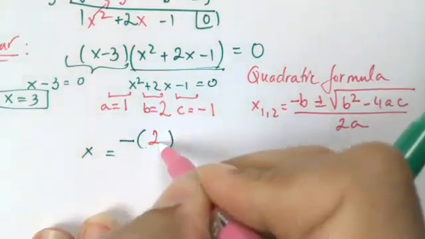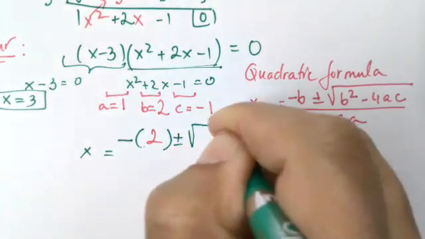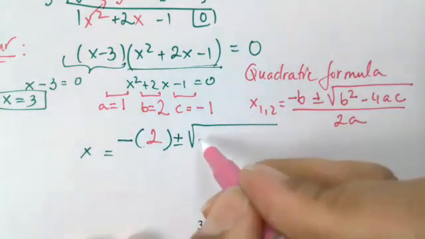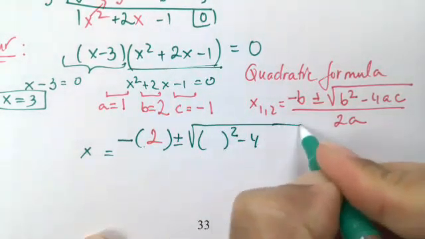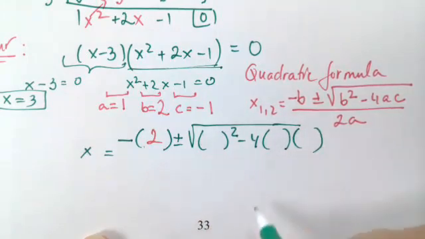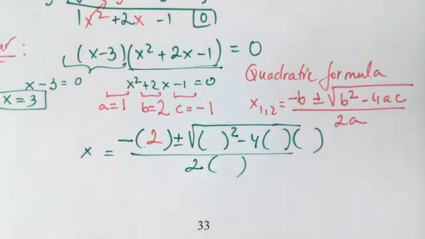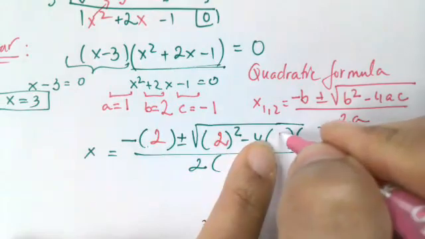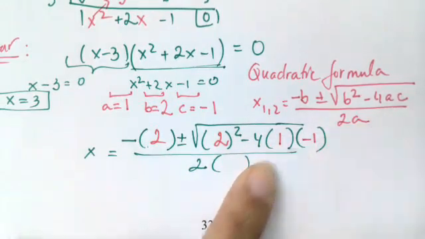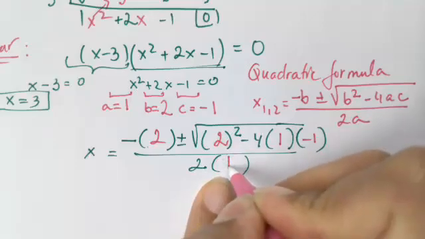Then plus or minus the square root of b squared minus 4, with brackets for a and brackets for c, like that, over 2 times brackets for a. b is 2, a is 1, c is negative 1, and then 2a, so 2 times 1.